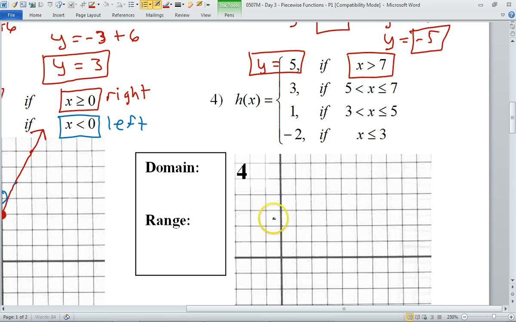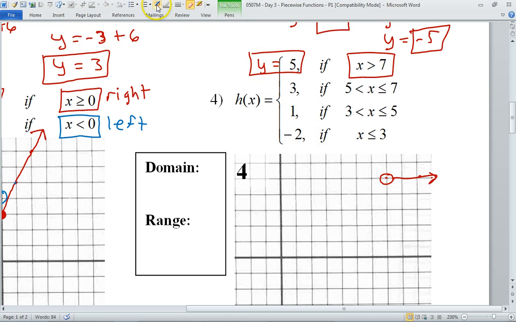So look, I've got this horizontal line at 5. 1, 2, 3, 4, 5. Okay, there's my horizontal line at 5. But I'm going to draw the part where the x values are greater than 7. So this is 1, 2, 3, 4, 5, 6, 7. Here is 7. Here are the values that are greater than 7. Okay, so that's the first part.